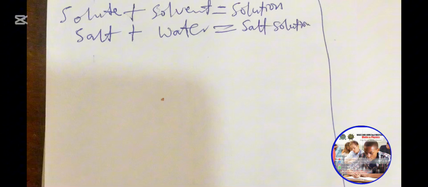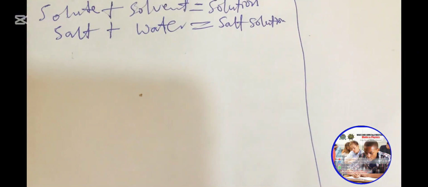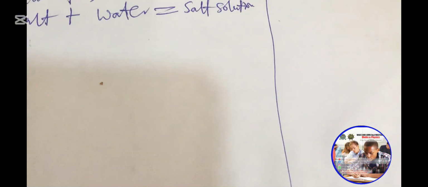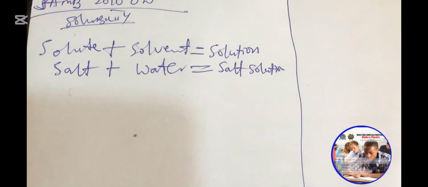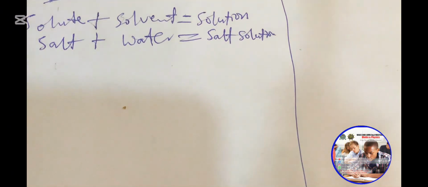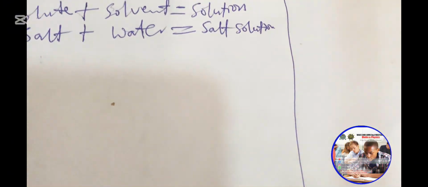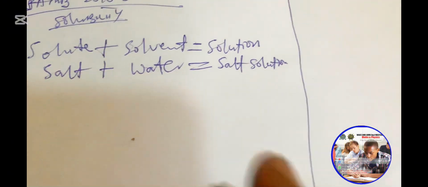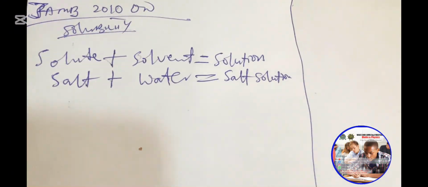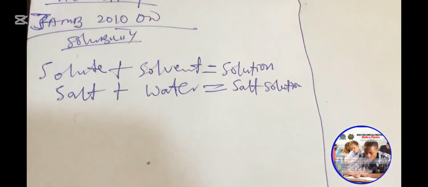So if you look at the question, it says the solubility of copper(II) tetraoxosulfate(VI) is 75 gram. What it means is that the solute was dissolved in water to give you copper(II) tetraoxosulfate(VI) solution, which is 75 gram, and that occurs at 100 degrees Celsius.